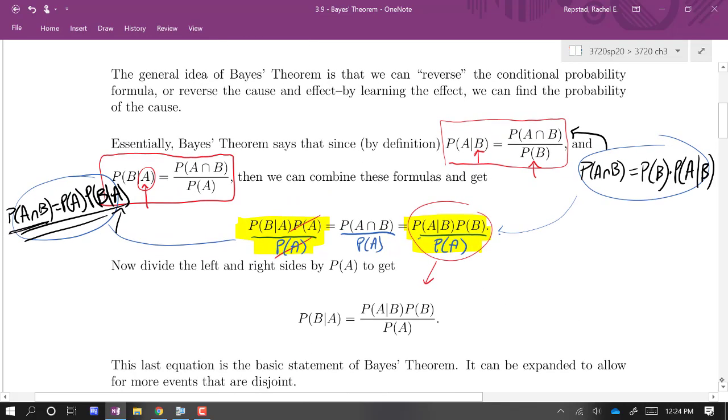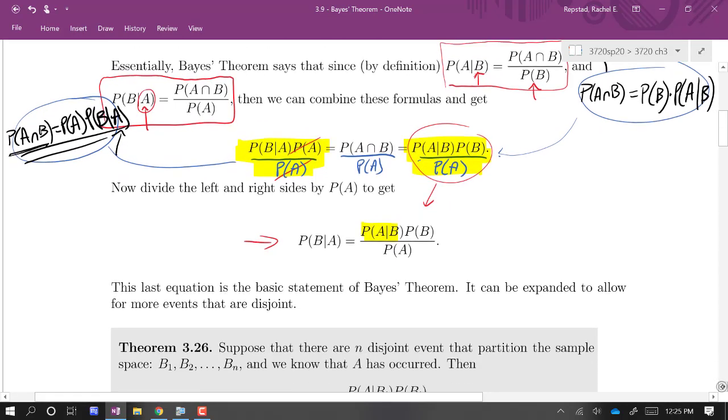That gives us this equation, the basic statement of Bayes' theorem. It says that the probability of B given A is equal to the probability of A given B times the probability of B, divided by the probability of A. It's a way that we can find the probability of B given A if I know the conditional probability going the other way. And of course I also need to know the probability of B and the probability of A. So this is the basic statement of Bayes' theorem when we're talking about two events.